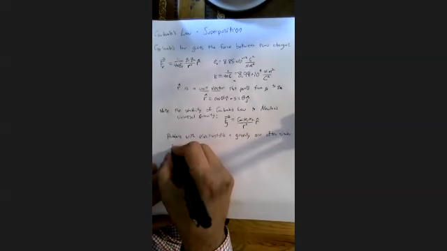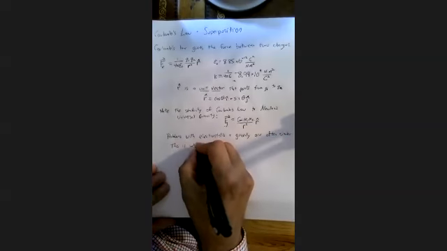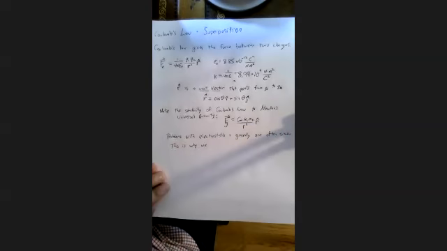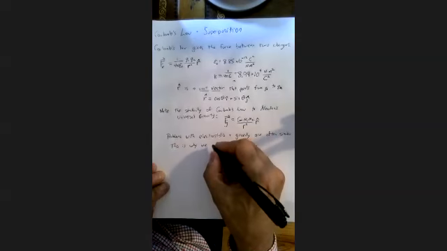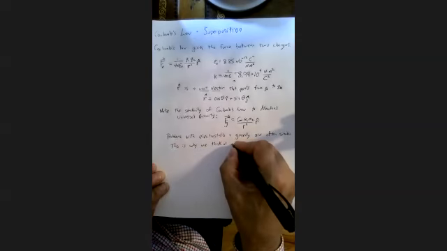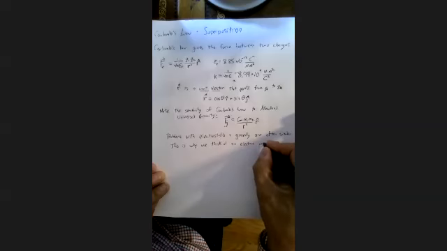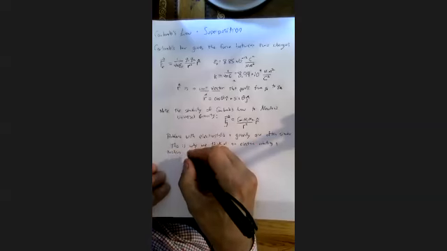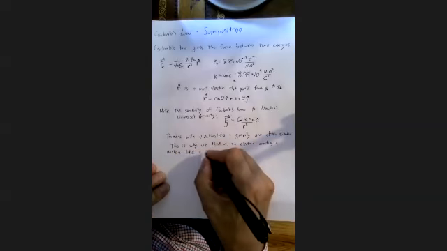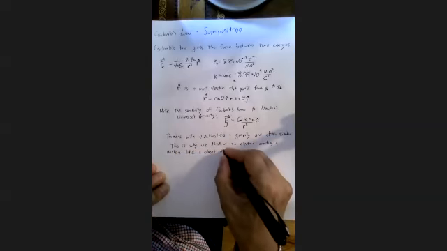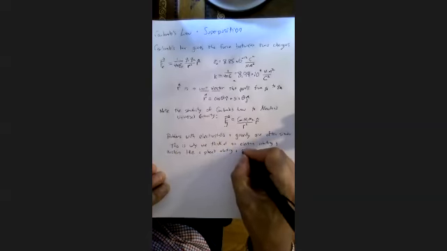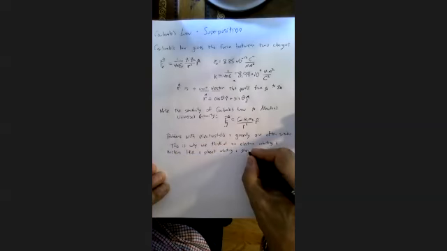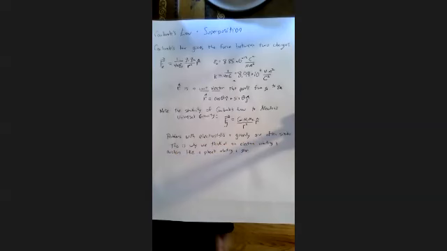And this is why we can think of an electron orbiting a nucleus kind of like a planet orbits a star, at least until you get to quantum mechanics. But it's the same equation, so you kind of get the same behavior.